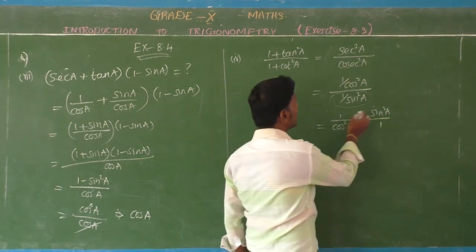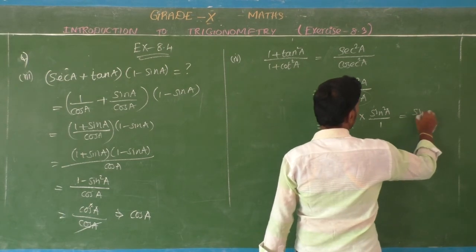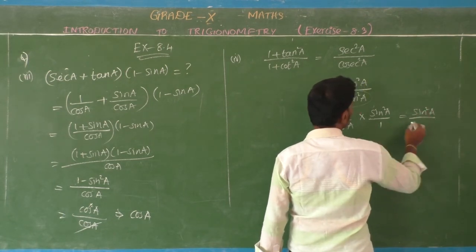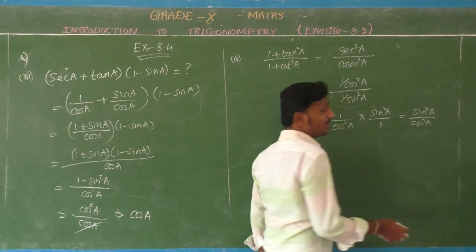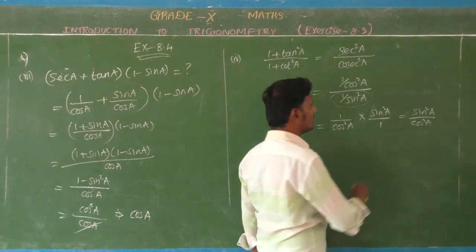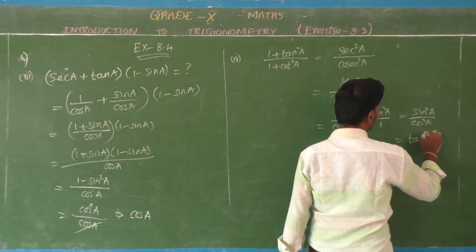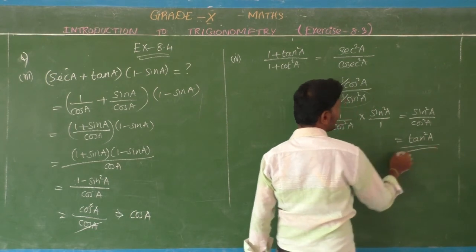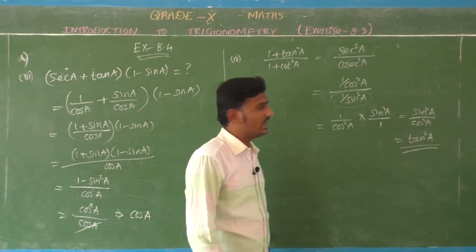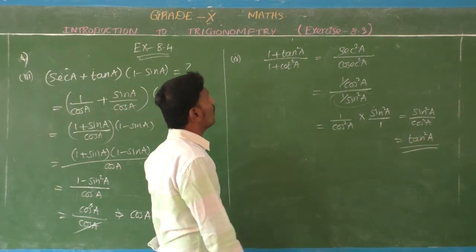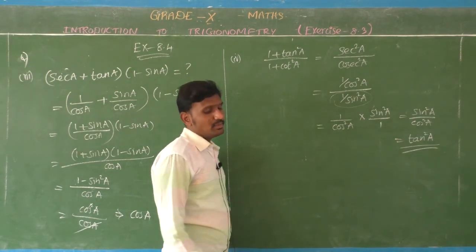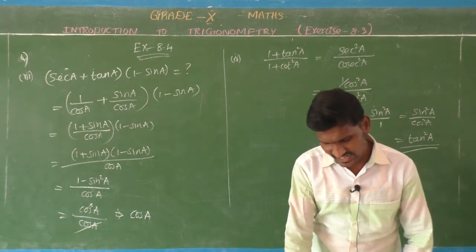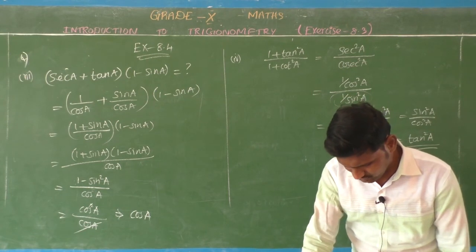So 1 into sin square A is sin square A, cos square A into 1 is cos square A. Sin square A by cos square A means tan square A. So this is your value of 1 plus tan square A by 1 plus cot square A.